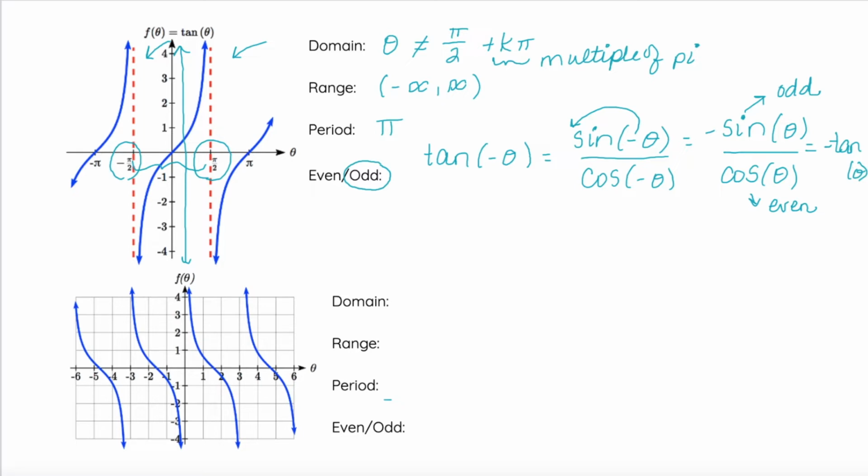Now our bottom function graphed here, what looks like it's flipped over, is cotangent. So our graph here is cotangent of theta.